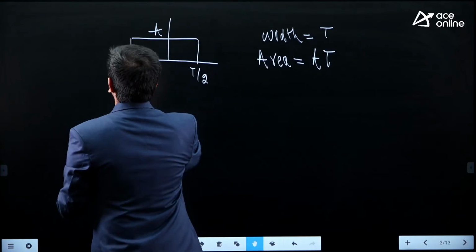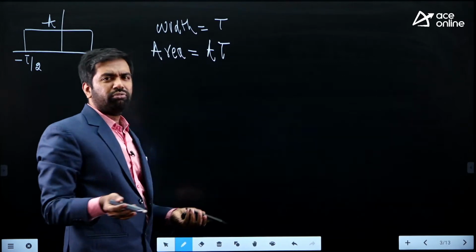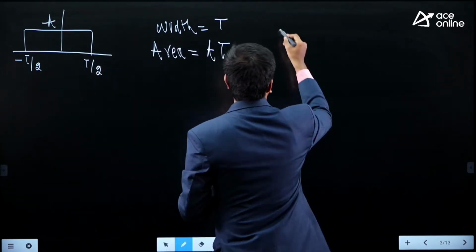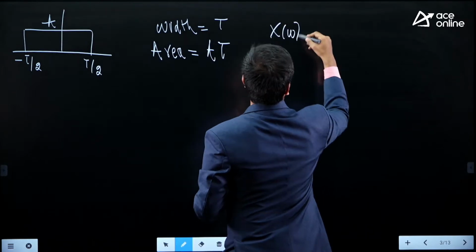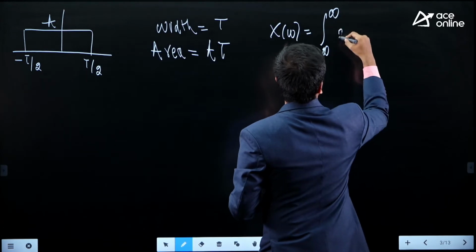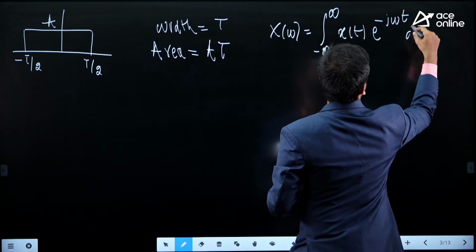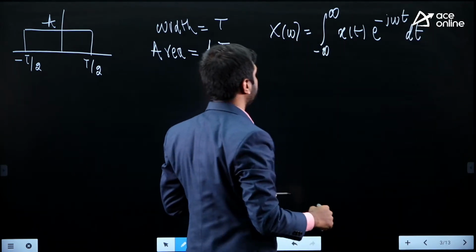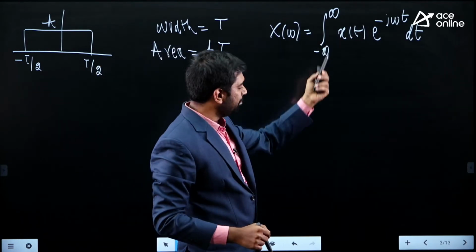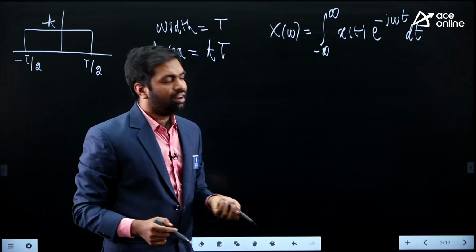What I'm going to do now is find its Fourier transform. How do you find the Fourier transform of any signal? Integral from -∞ to ∞ of x of t e power minus j omega t dt. You have to substitute this, simplify, and see the end result.